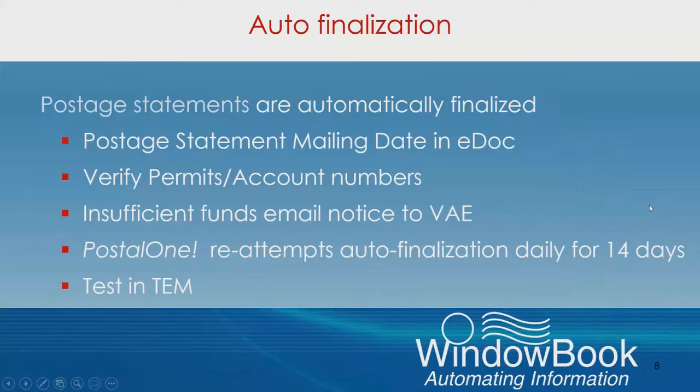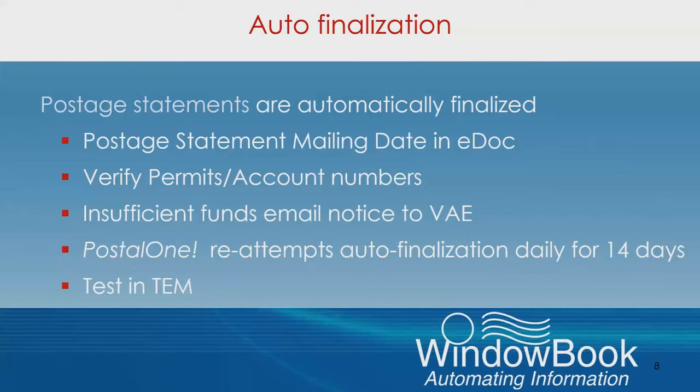Mailers that are participating in Seamless Acceptance will have their postage statements automatically finalized once the job is successfully submitted to Postal One. This means that these statements are no longer finalized by a business mail entry clerk or a DMU clerk.